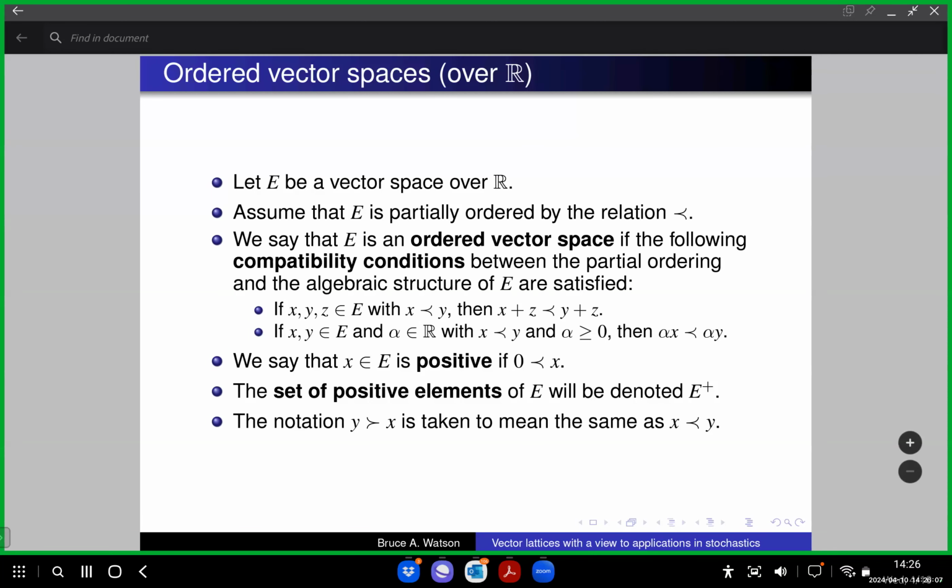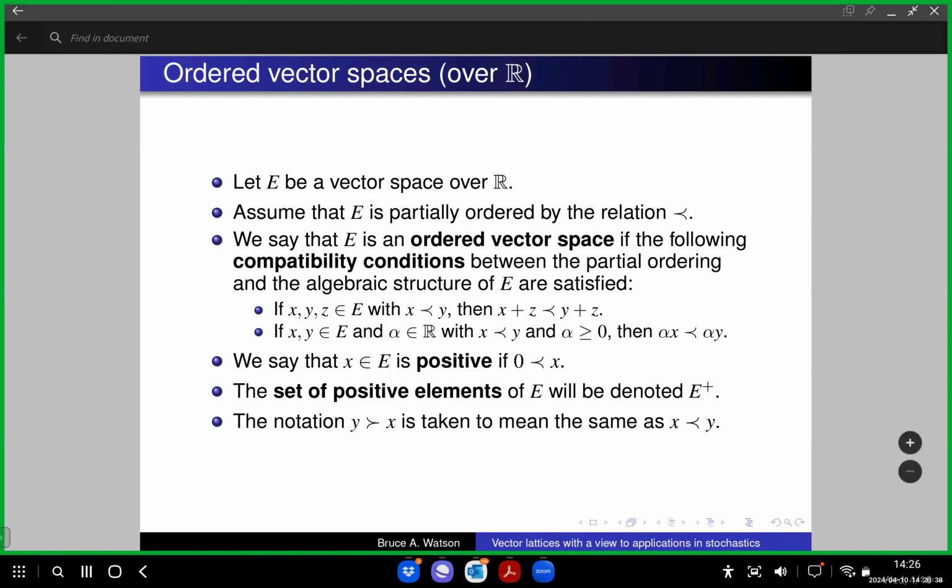Since we've got partial ordering and we've got a 0 now because we're in a vector space, we can consider whether a vector X in E is positive or is above 0. In other words, whether 0 is a predecessor of X. The set of positive elements will be denoted E superscript plus.